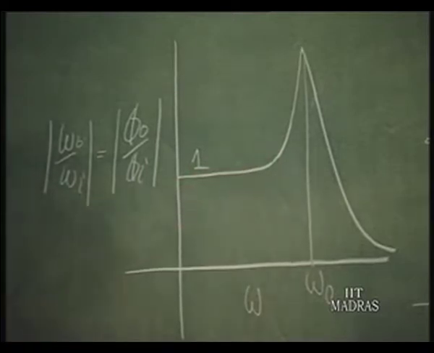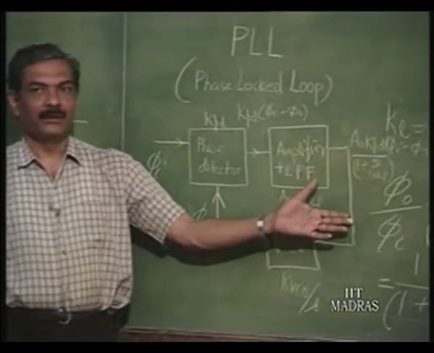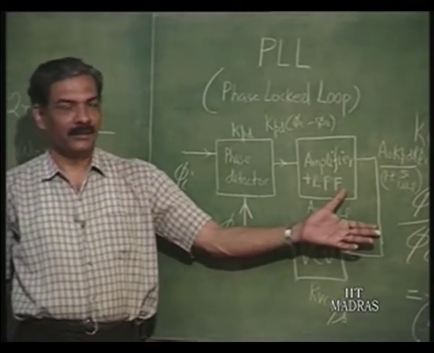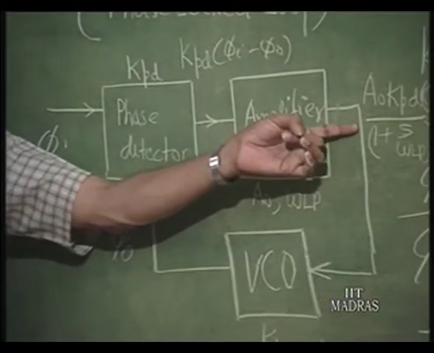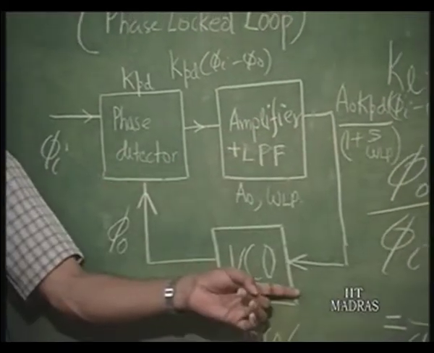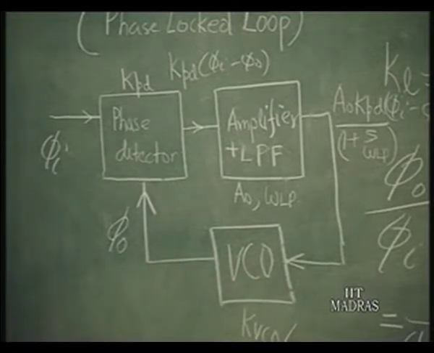This is again important: the frequency we are talking of is the frequency which has been permitted to pass through the low pass filter, which means it is the frequency with which the so-called average is changing. That is something we have to bear in mind.